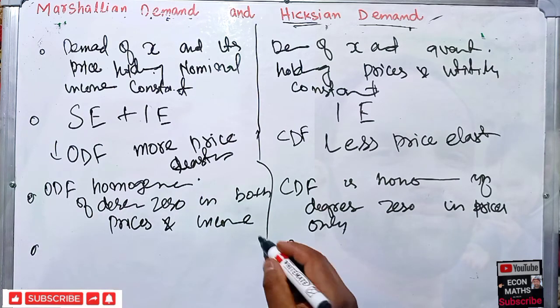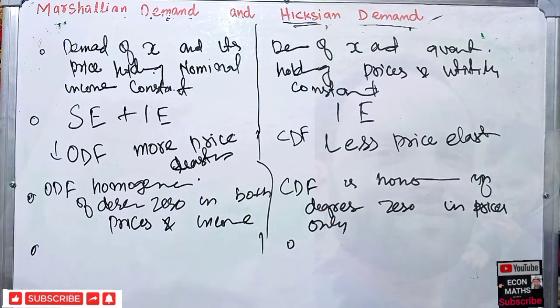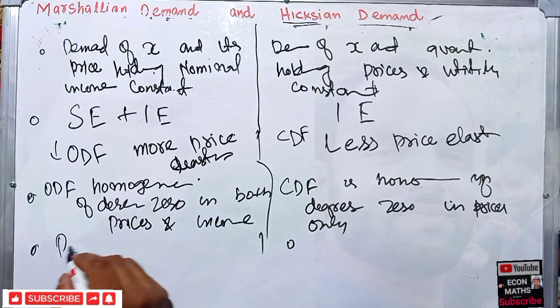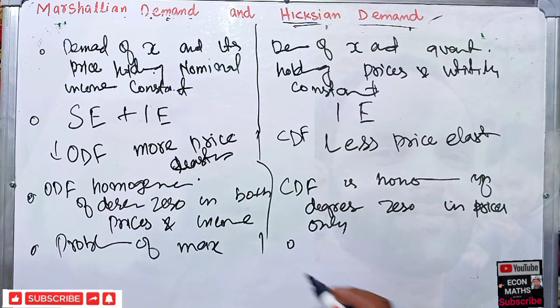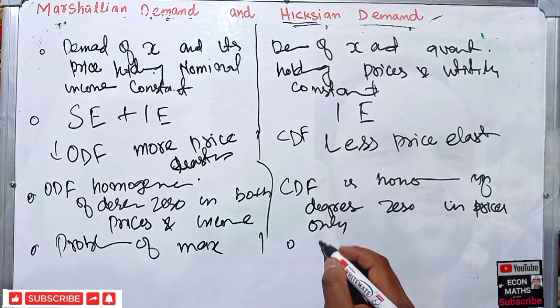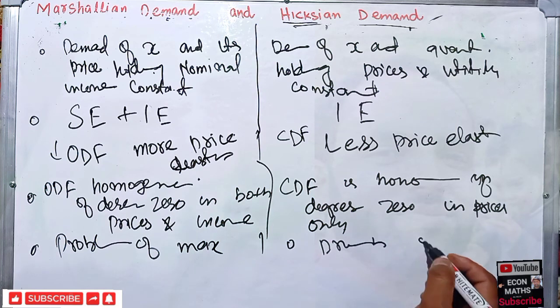Another difference we can pick out, which we have discussed, is that the Marshallian demand function is a problem of maximization, and the compensated demand function is a problem of minimization.